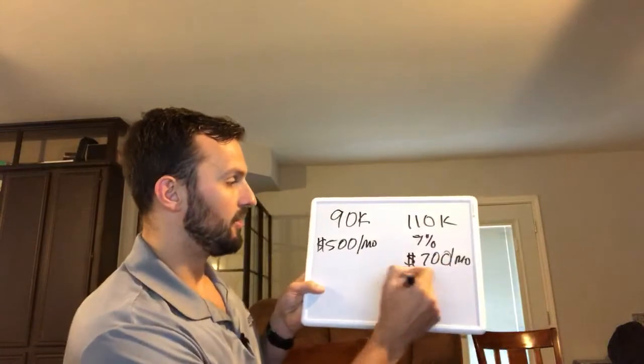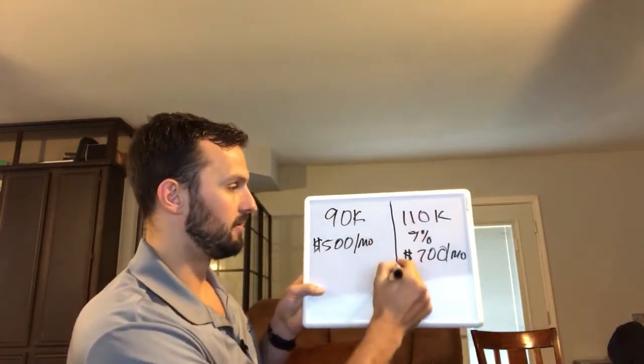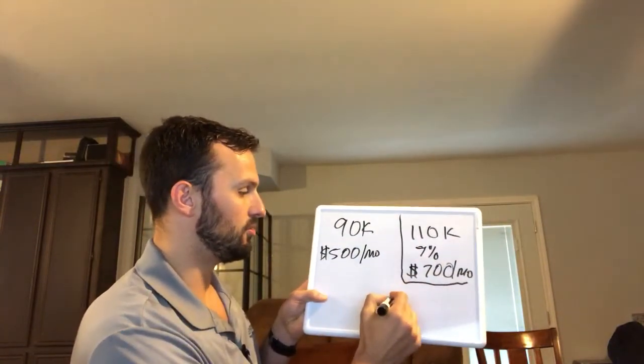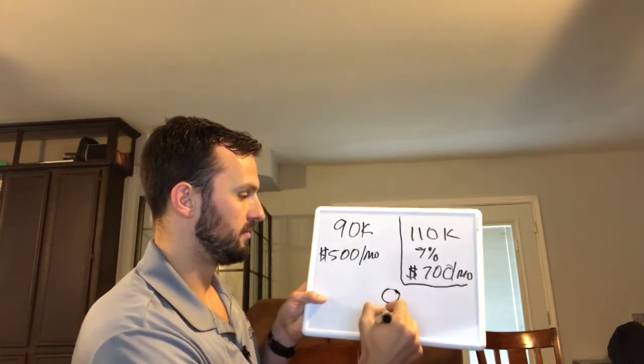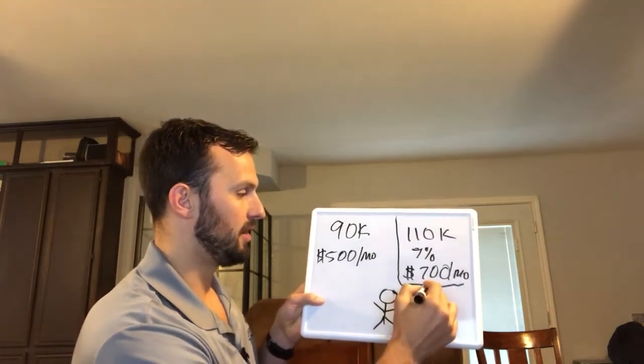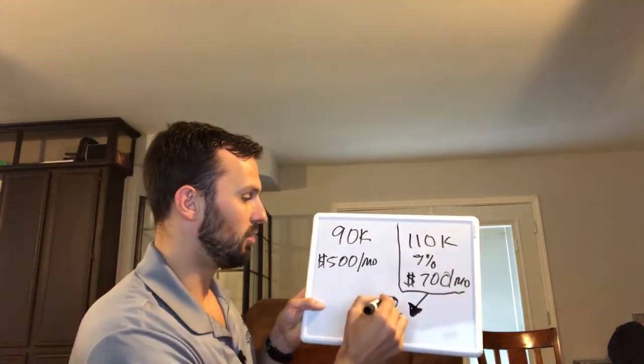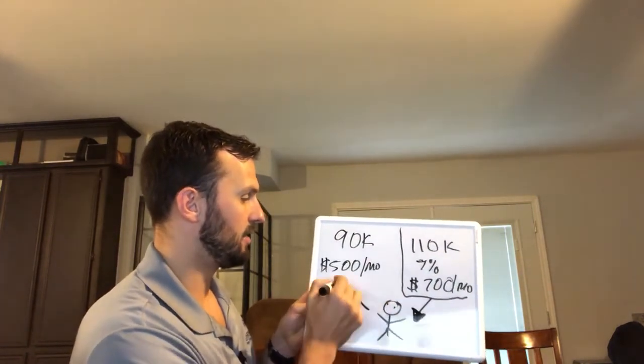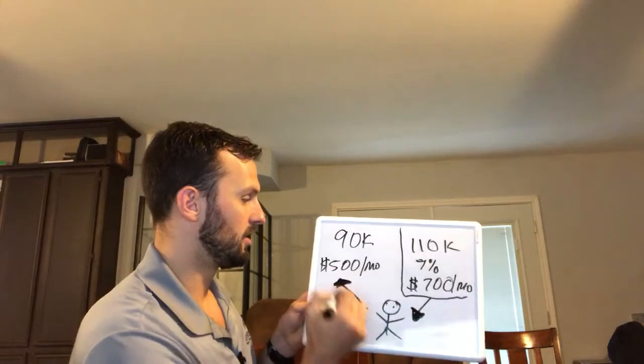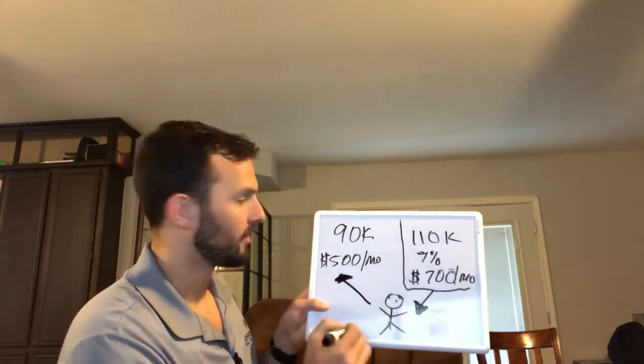That means that this end buyer is going to pay you $700, and then you're going to pay the mortgage of $500.